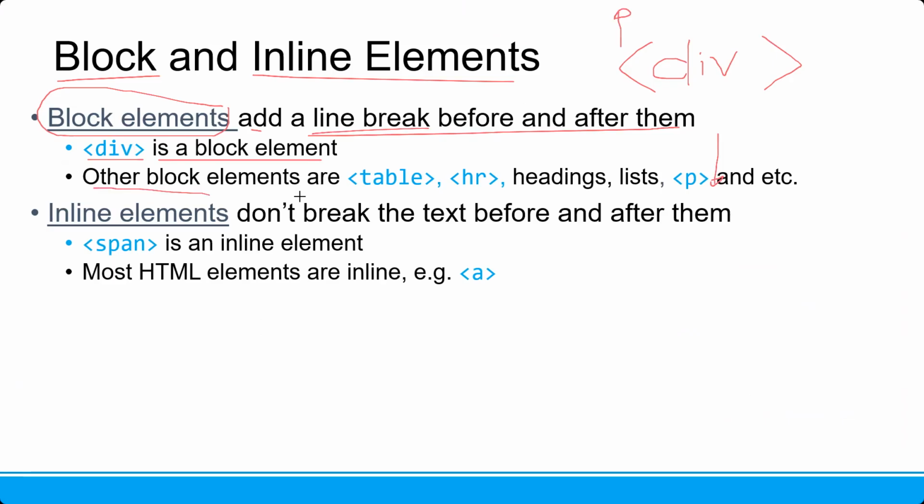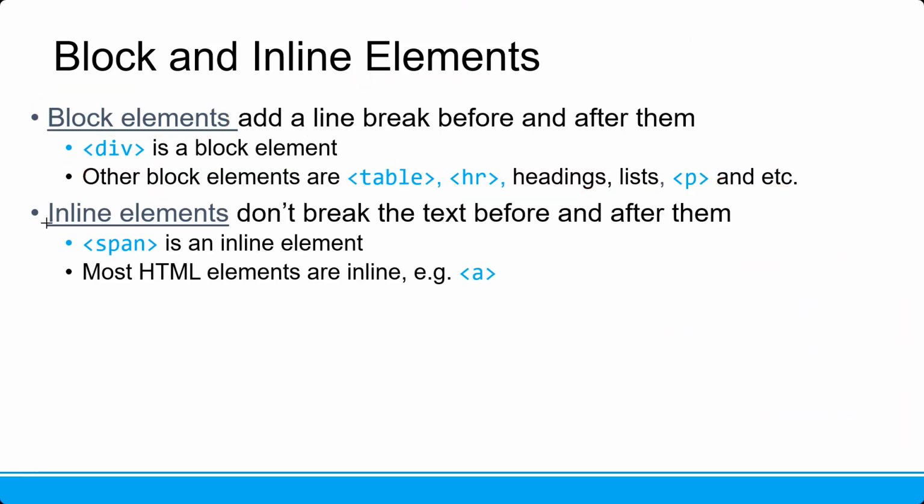Other block elements can be table. We will learn how to create the table. HR, the horizontal rule. There can also be heading, list, P, and so on. Those kinds of things can be considered block elements as well. The inline elements do not break the text before and after.